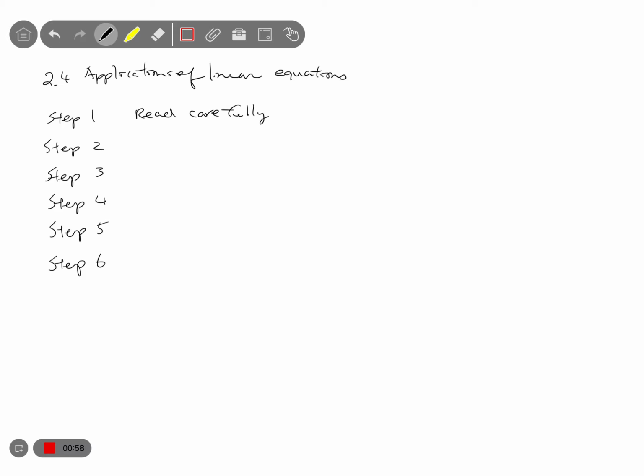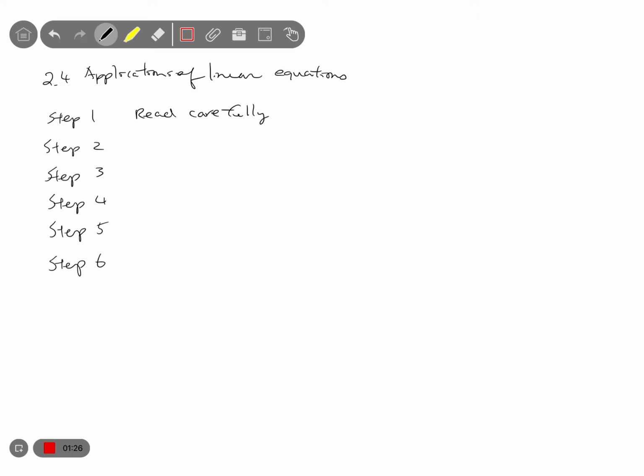And trust me, how many times have you tried to do something without an instruction? I've been there before, right? And even when you're reading instructions, sometimes we're skimming the instruction, and we missed some fine detail. So same thing here. When you're dealing with a story problem, make sure you read the question carefully.